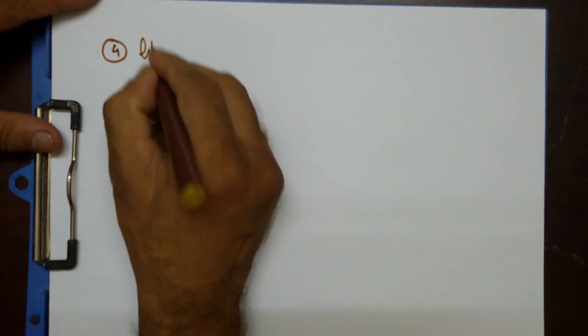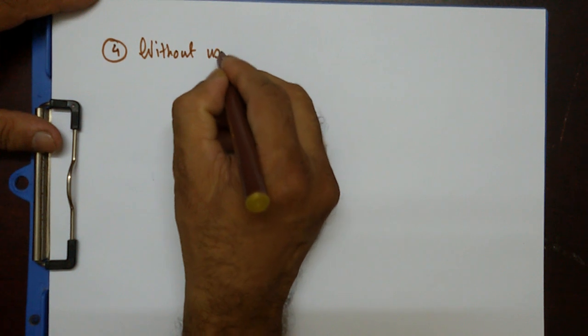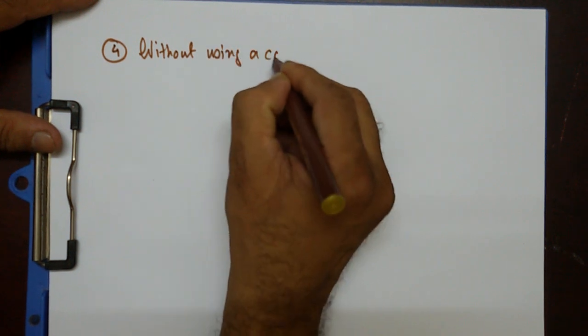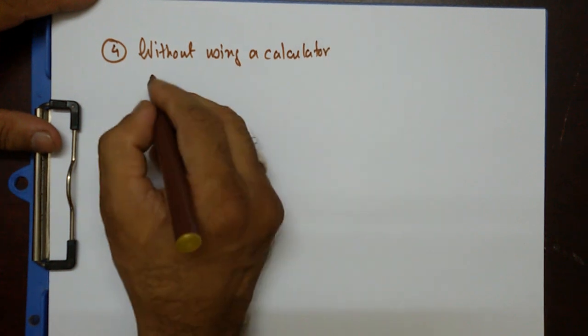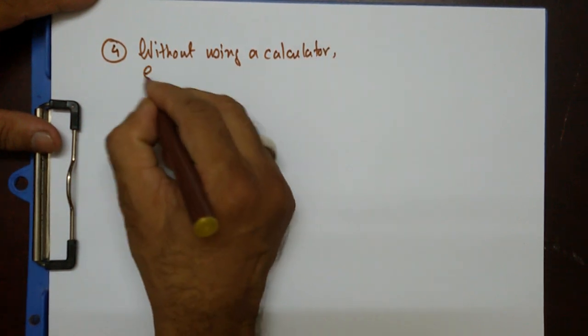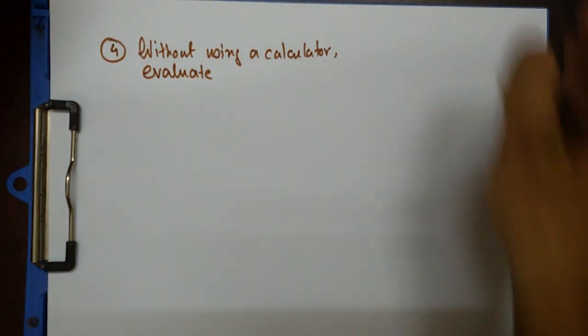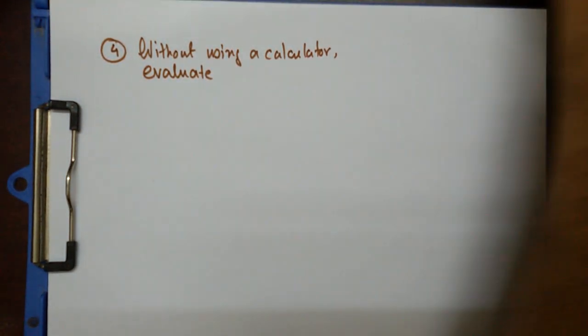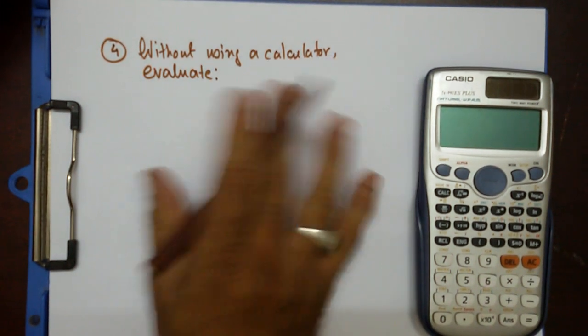It says without using a calculator. Evaluate. Now you know that in your advanced exam you are allowed to use the calculator. But if you do use the calculator, how would they know?